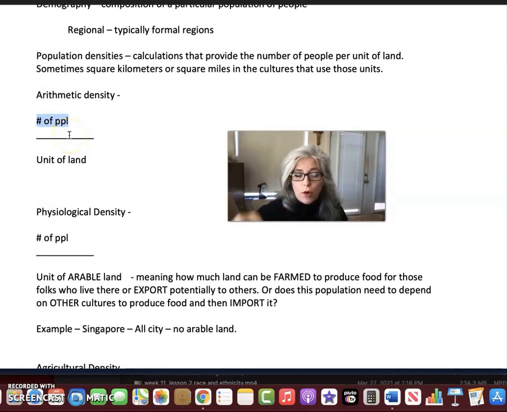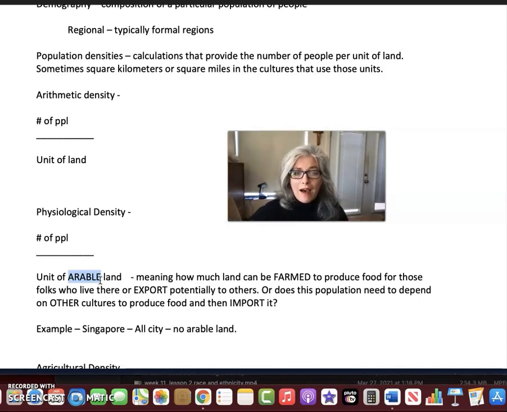But instead of just a regular unit of land, like how much land is there in the region or place that you are trying to figure out the density for, you're looking for something called arable land. I believe we have talked about this word before, but arable land means the land that's ready to be farmed or that is in farm production. And arable land indicates how food secure a particular population is.